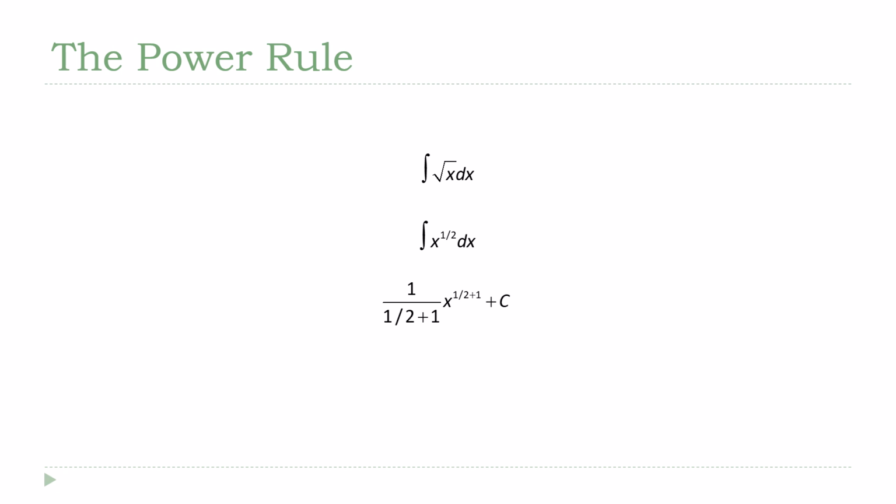I increased the exponent by 1, so I went from 1/2 up to 1/2 plus 1. And I multiplied by 1 over 1/2 plus 1. There's a little arithmetic: 1/2 plus 1 is 3/2. And the constant bit there, that's 1 over 3/2, which is 2/3. And there's my antiderivative. You can check that pretty quickly. If you differentiate that, yeah, it does get back to the square root of x.